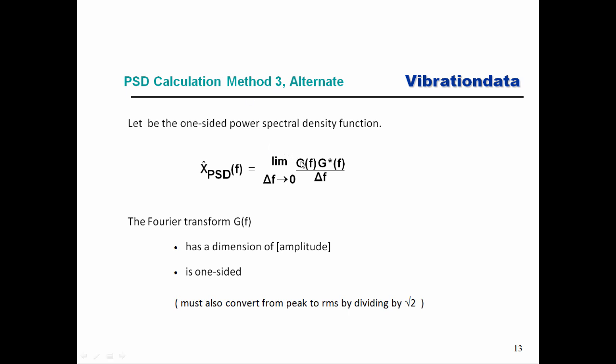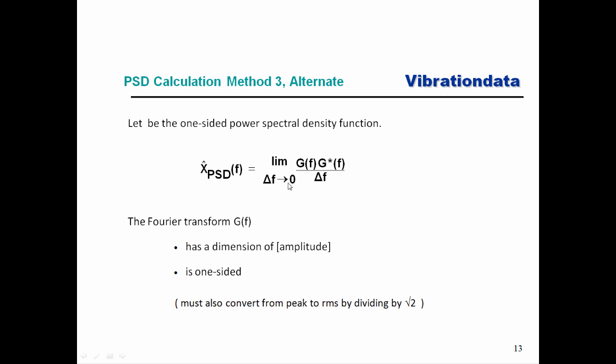So if we take the complex amplitude, the magnitude at each frequency, times its complex conjugate, we can divide by delta f, as delta f goes to 0.